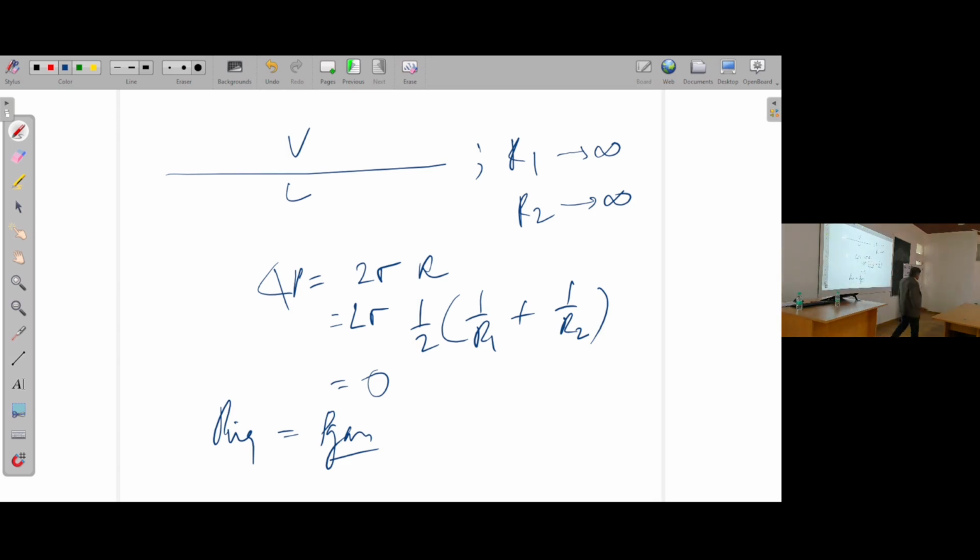Yes, but delta P is not, right? Because the pressure from outside is the same everywhere. If you look at the filament, you've got the pressure inside the filament versus the pressure outside the filament. There is no motion within the drop.